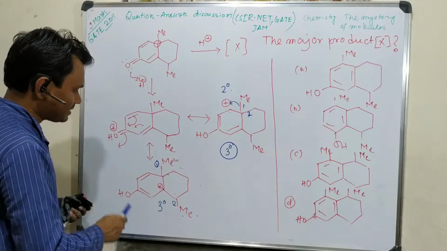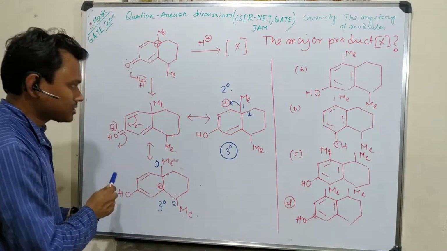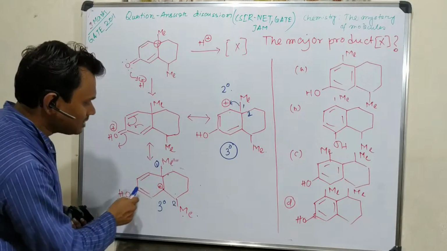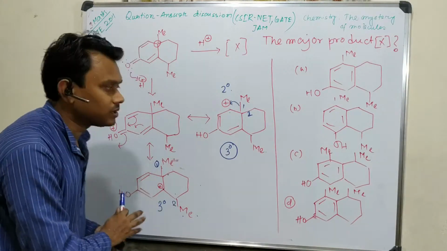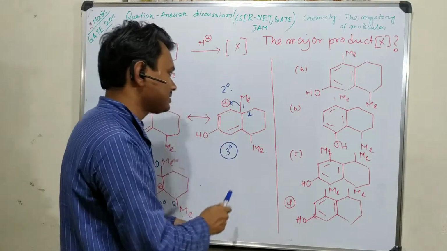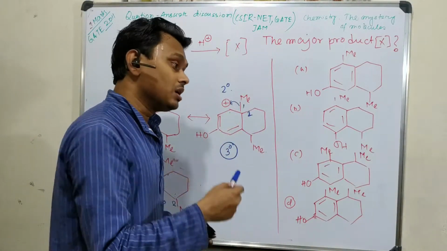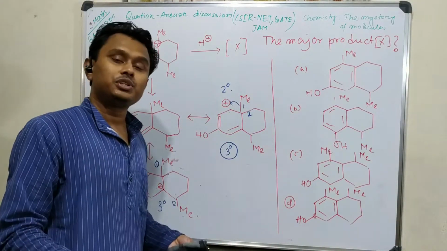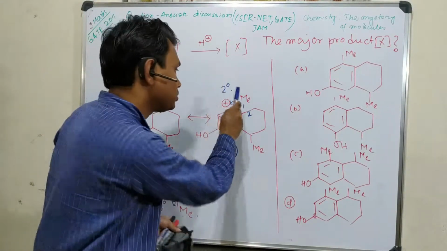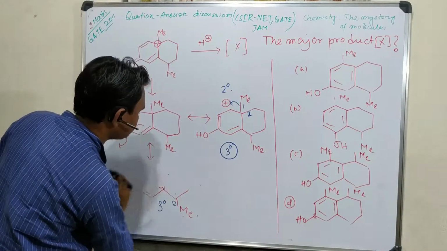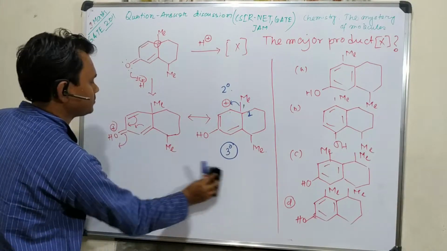So here we can understand, although it is more stable, ultimately it will not produce any stable thing. But here, relatively unstable, but another positive factor is that it will undergo some carbocation rearrangement to produce a more stable one. So this pathway will be followed. So let's clean it.